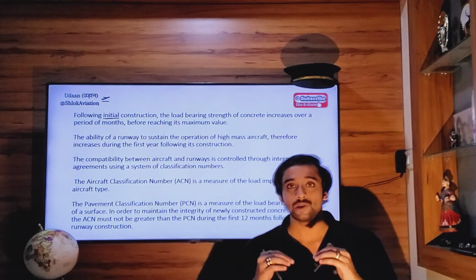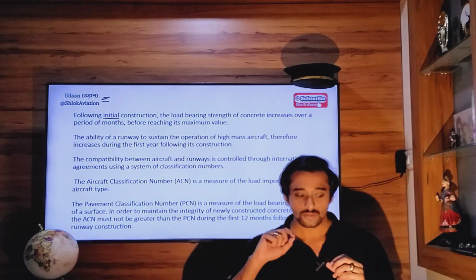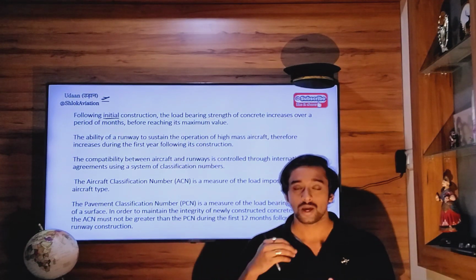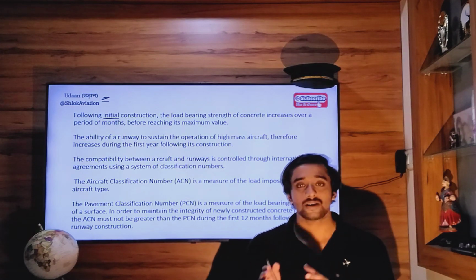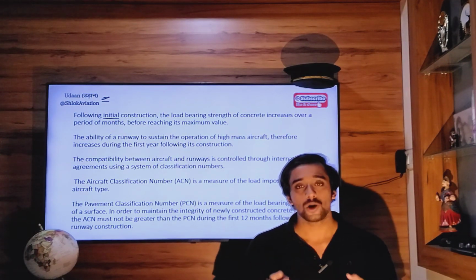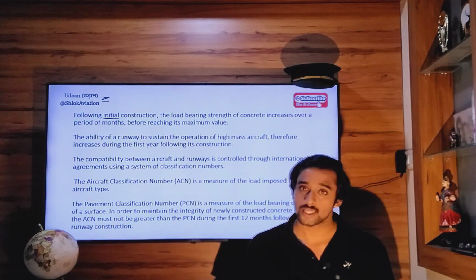When a runway is newly constructed, you cannot subject it to excessive loads. You must give that runway some time, and as time passes, the load bearing capacity of that runway, the toleration of that runway, increases.